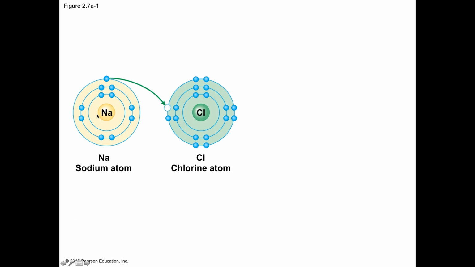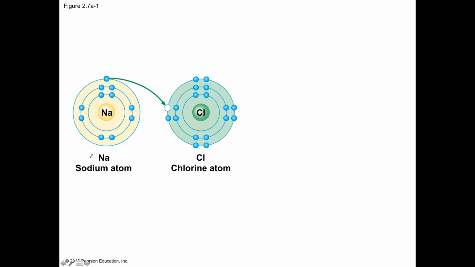Okay, so if you look here, just take a second and think about what's actually going on. When you're looking at these atoms, think about what their end game is. Why would this sodium just give its electron away? Well, let's take a look. What's the rule?